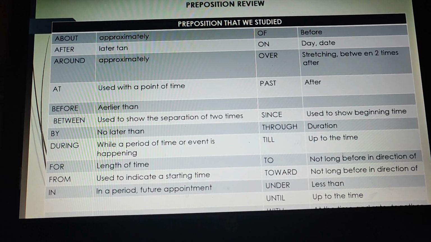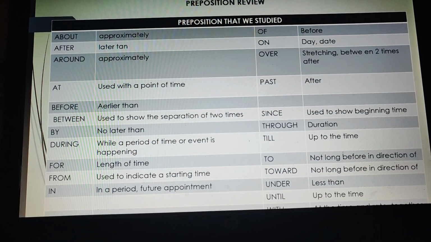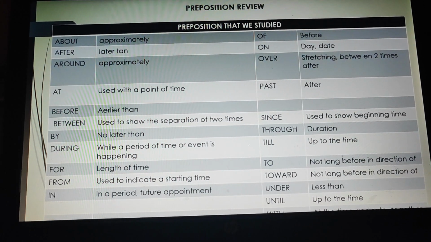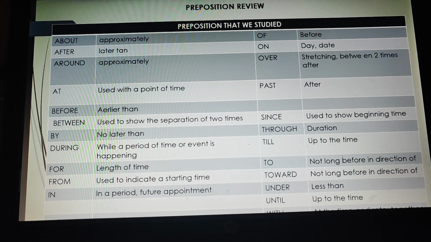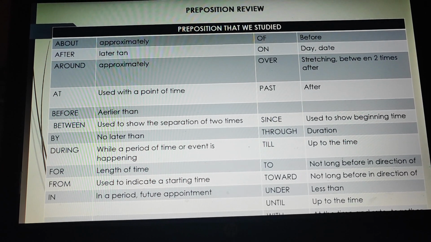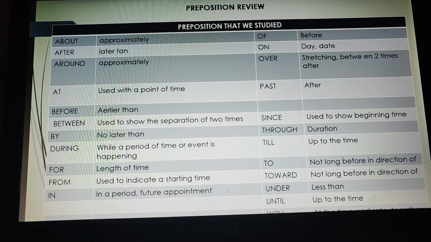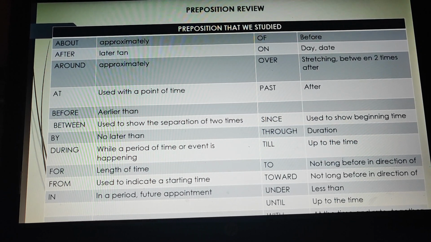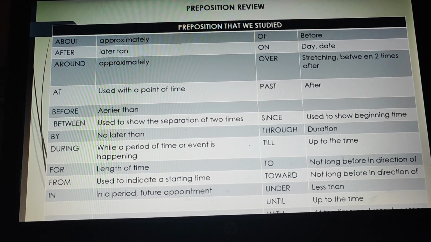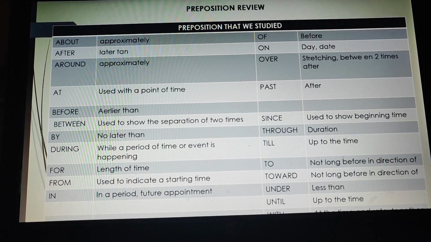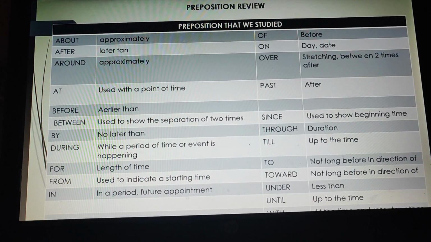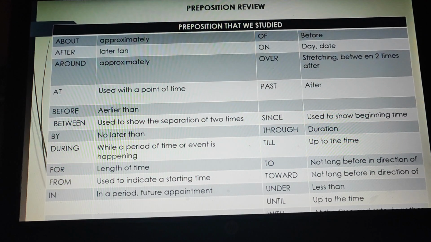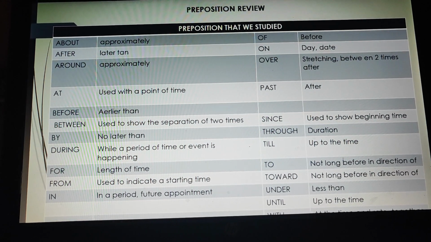I'm going to explain some of these prepositions with some examples. For example, with at: you must be there at 9:45. In this case, at is giving us a specific point of time.